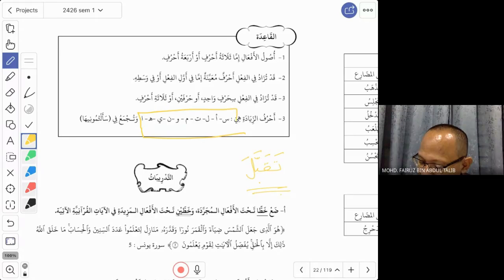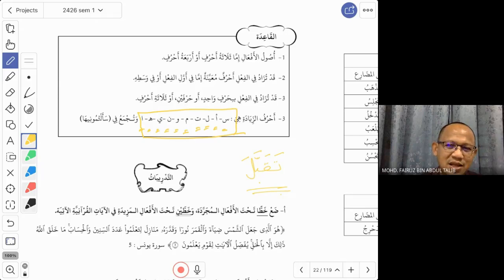They said there are 10 additional letters that you will see being added to a word. So what are the letters? Sin, alif or hamza, sin, hamza, lam, ta, mim, waw, nun, ya, ha, and also alif.